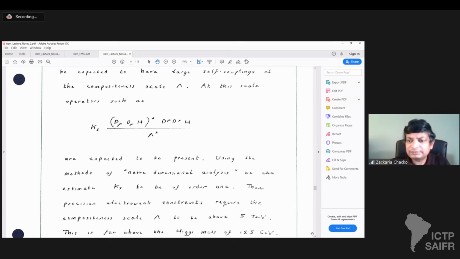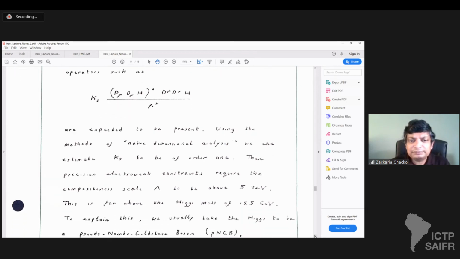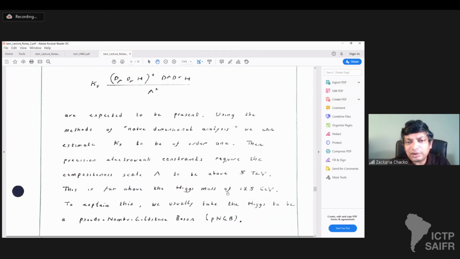This is far above the Higgs mass of 125 GeV. So precision electroweak is telling you that you can't bring lambda below 5 TeV, unless you tune precision electroweak as well. Precision electroweak is telling you you can't push the compositeness scale below 5 TeV.